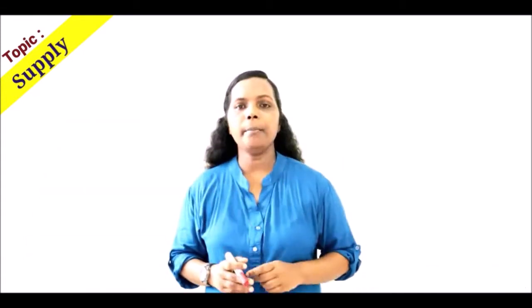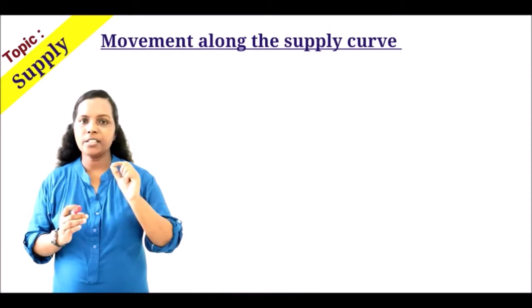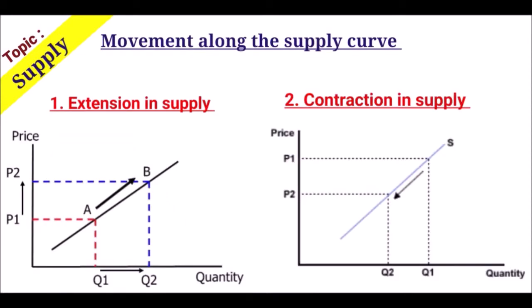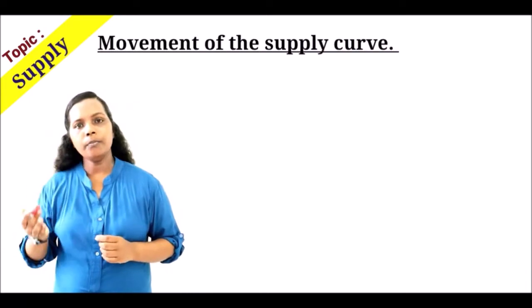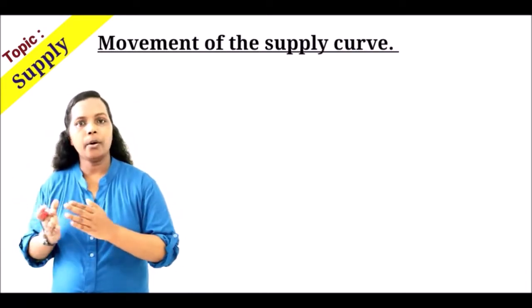Here, you have to remember the movement along the supply curve means the extension in supply and contraction in supply. In that case, the supply curve never shifts. So, the increase in price or decrease in price causes the movement along the supply curve. But here, the movement of the supply curve means the supply curve shifts to right or left.